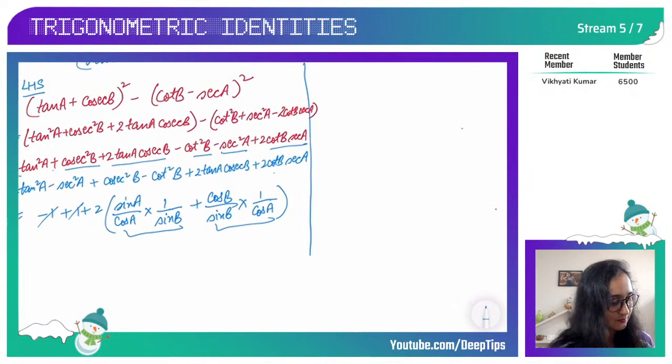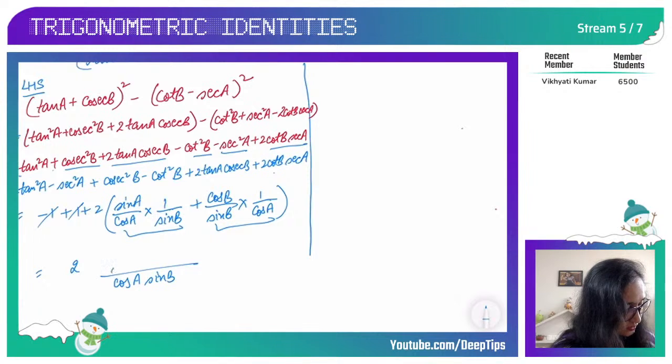So I can take them as my denominator, cos A sin B, and in the top I can write sin A plus cos B.